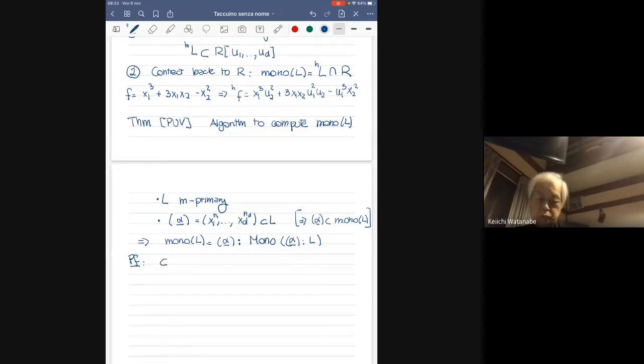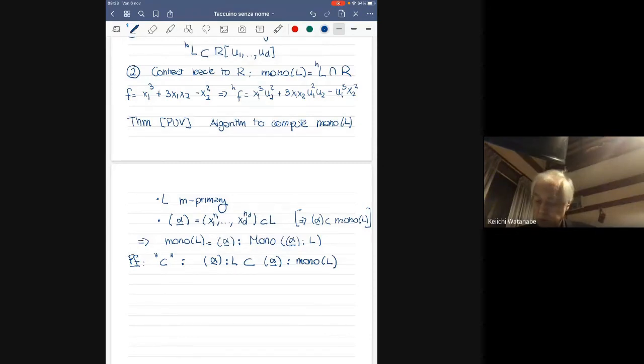Let me do this inclusion first. So you start with alpha colon L, which is the ideal here. And you notice that I can make this ideal larger if I take a smaller ideal here. So I'm going to take a smaller ideal and I'll take the mono, which is smaller. Okay?